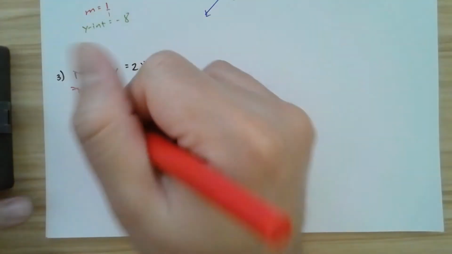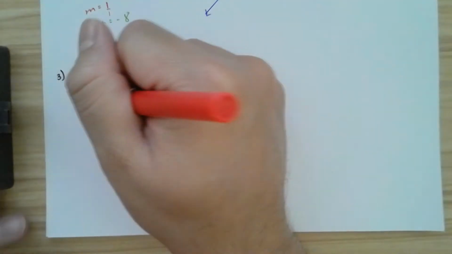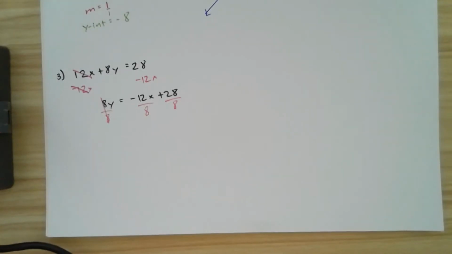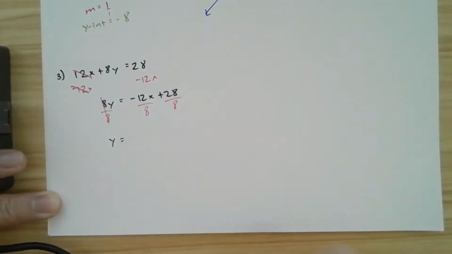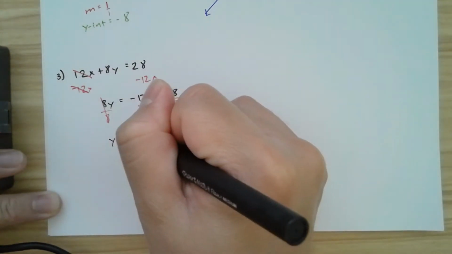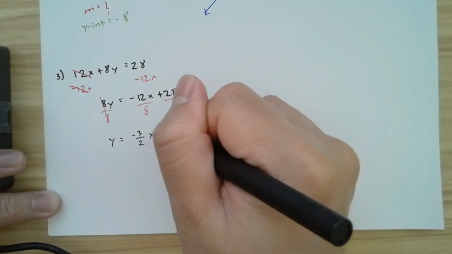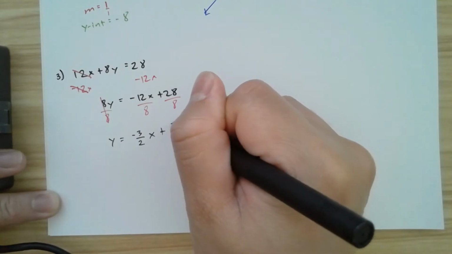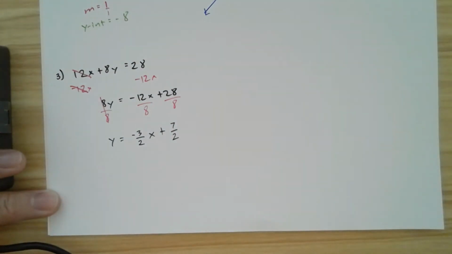So then I have to divide by 8. So then it's going to be y is equal to negative 12 over 8, which simplifies to negative 3 over 2 x. Okay. 28 over 8 simplifies to 7 over 2. Divide this by 4 each, you get 7 over 2. Right? Now it's in slope-intercept form.